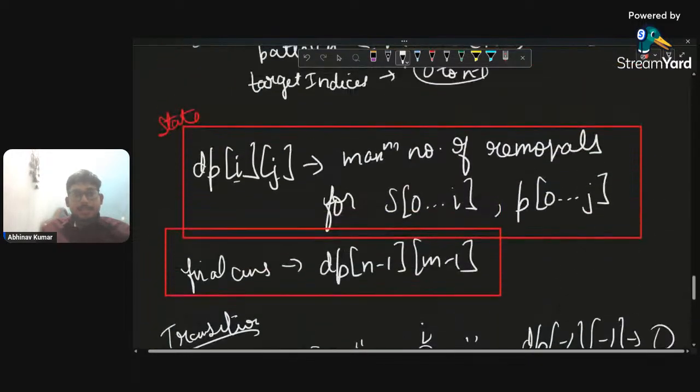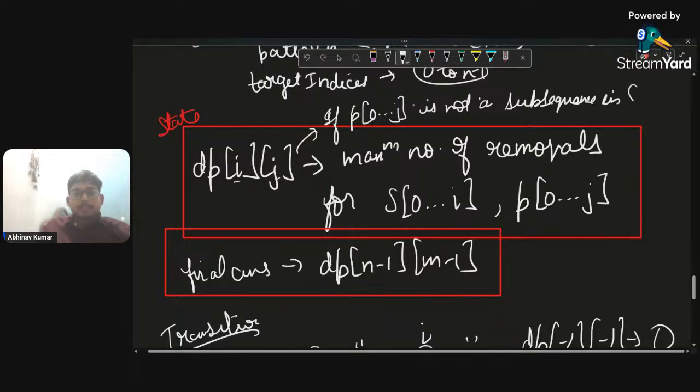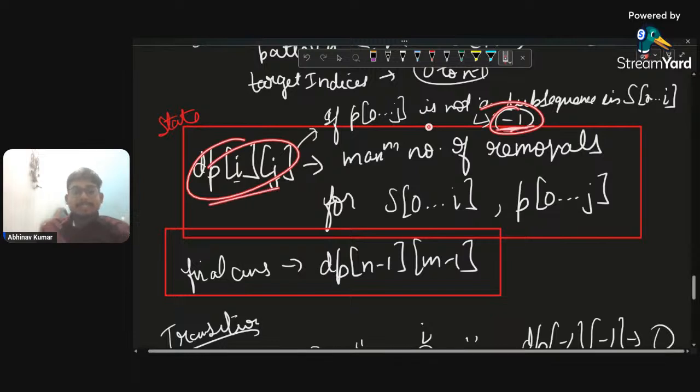In the state I can show the maximum number of removals if it was possible, or here only I can write: if p of 0 to j is not occurring as a subsequence in s of 0 to i, I would have a -1 for that dp state. I'll denote with -1 that this state cannot exist. Basically you cannot have that.